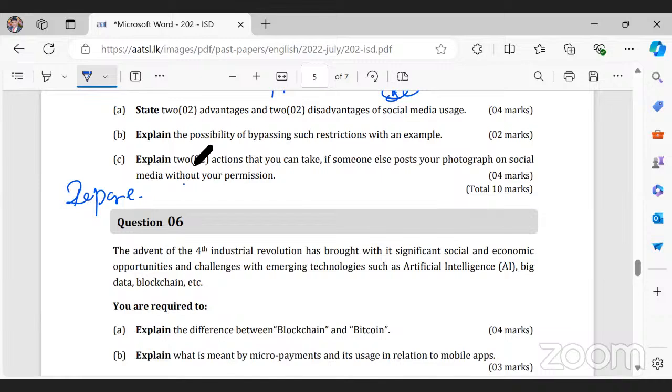Distributed ledger means actually when we are using some technologies like Bitcoin, those are not physical currencies, right? Those are not physical currencies.